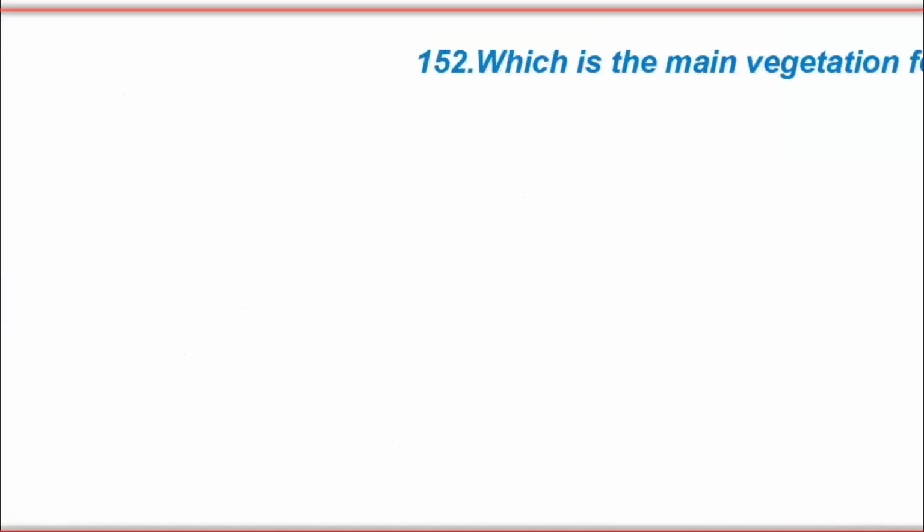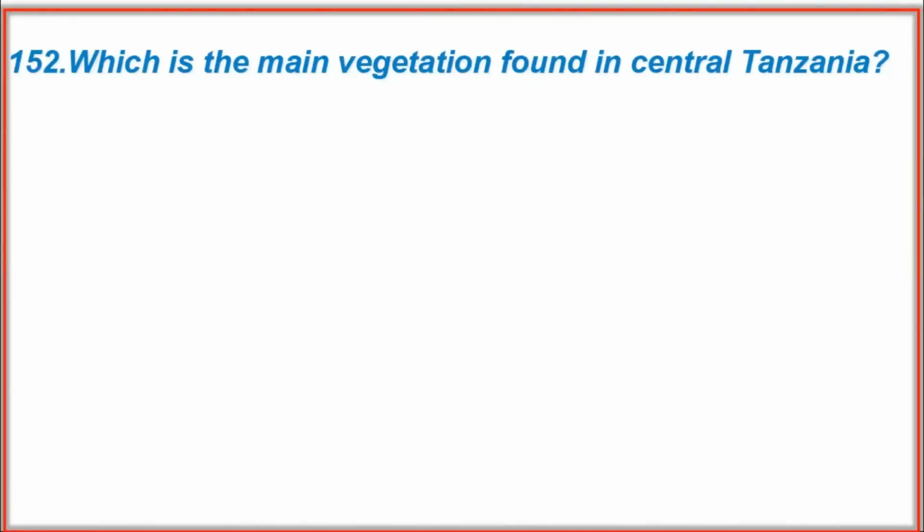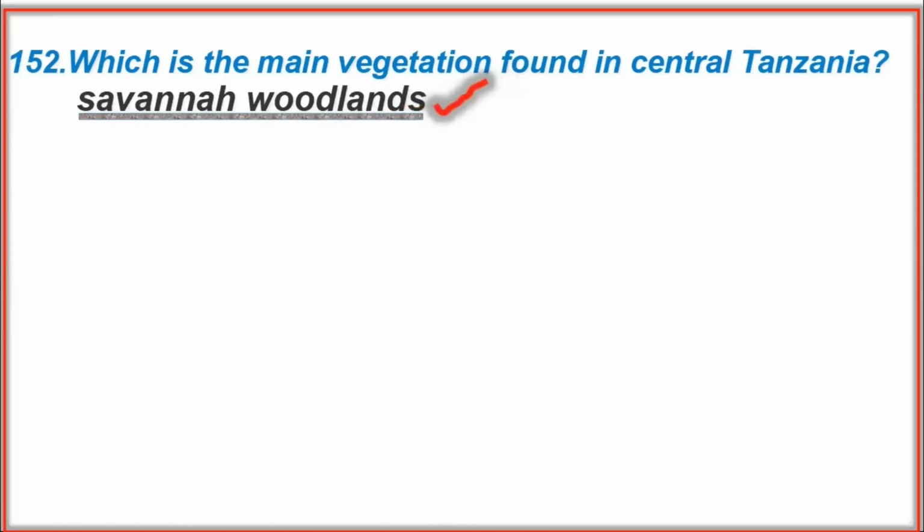Question 152. Which is the main vegetation found in central Tanzania? The correct answer should be savanna. Remember, we have two types of savanna: the grassland and the woodland.